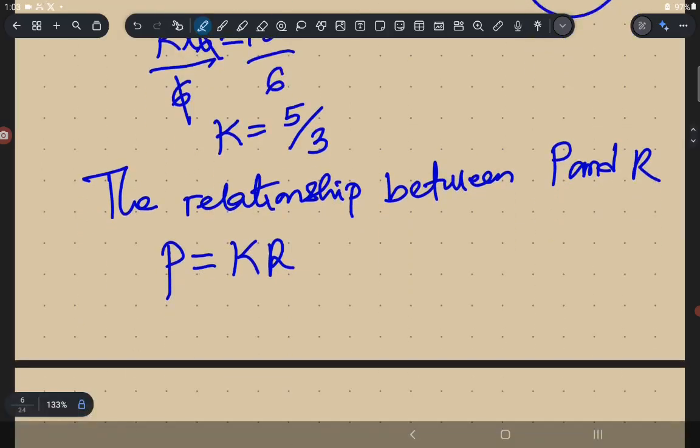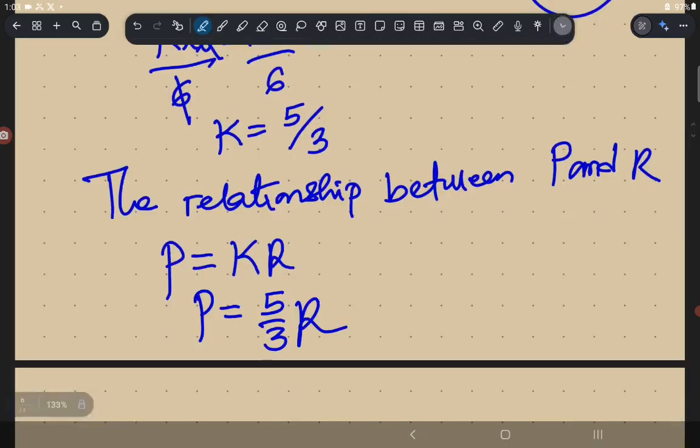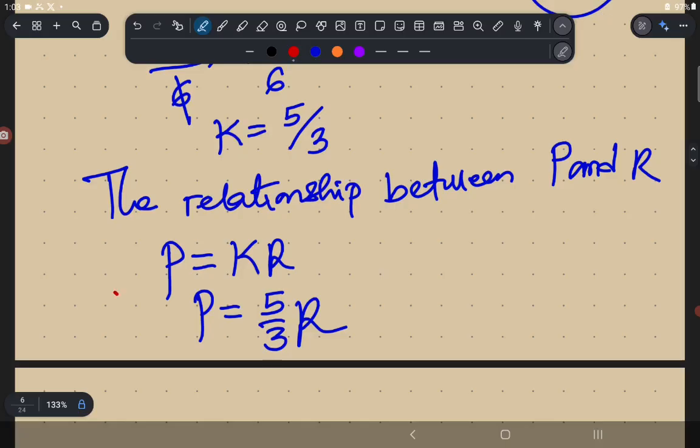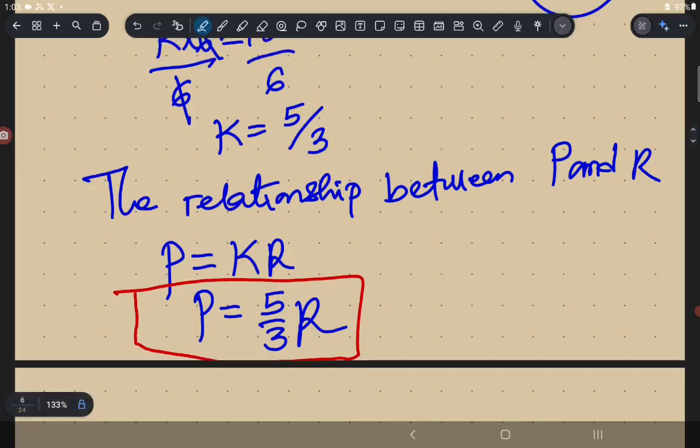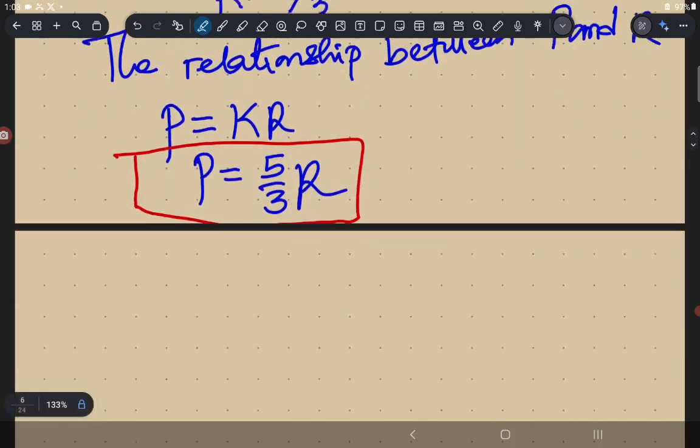So let's put in the value of K to understand the relationship. It will be P equals 5 over 3 of R. This is what we call the relationship. So we are going to be using the relationship to find some values.